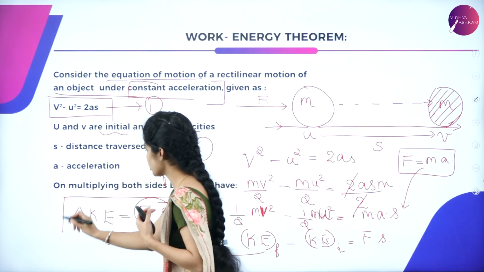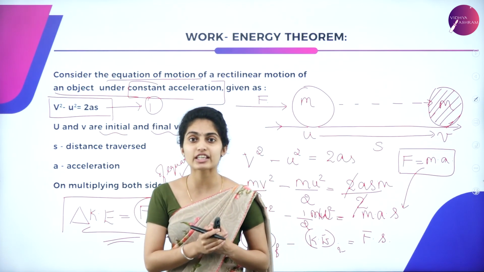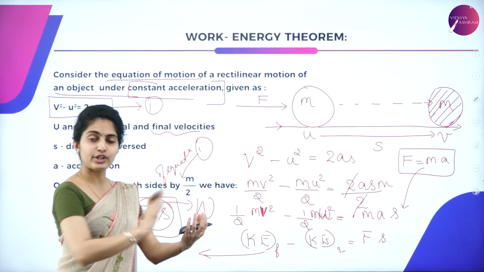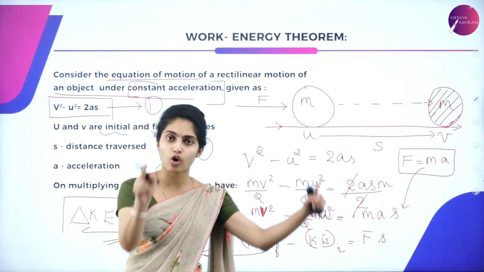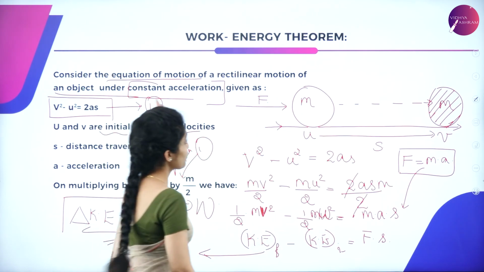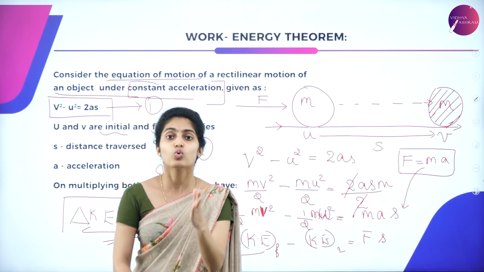Energy is already here, that is kinetic energy. So the change in kinetic energy is equal to the work done. When you exert a certain force on an object, the object starts moving, so we can say that work is done.